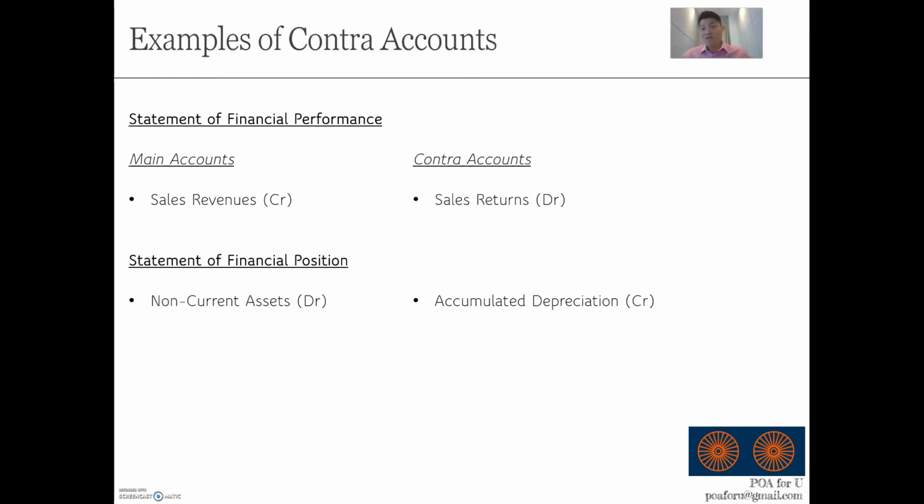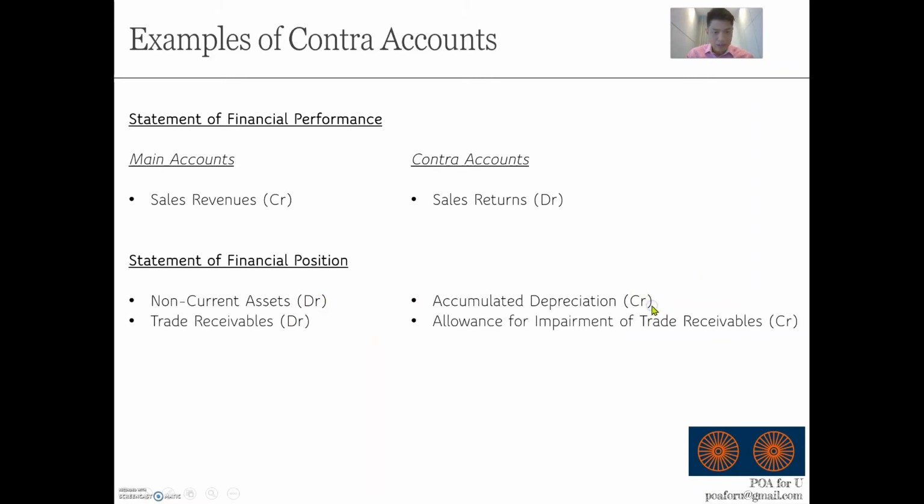So if it's been 5 years, then that accumulated depreciation will be representing 5 years' worth of depreciation that has been charged. Now, if you take the cost of the asset less the accumulated depreciation of the asset, then you will get net book value, which represents the remaining value of the asset after you have taken away the accumulated depreciation. Of course, this is debit nature and this is credit nature.